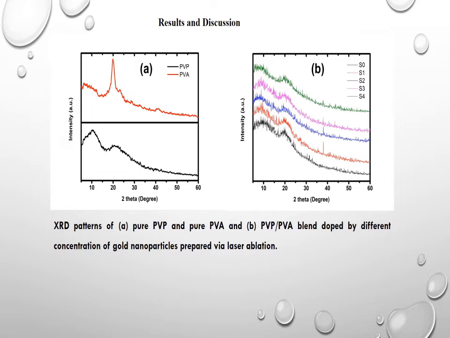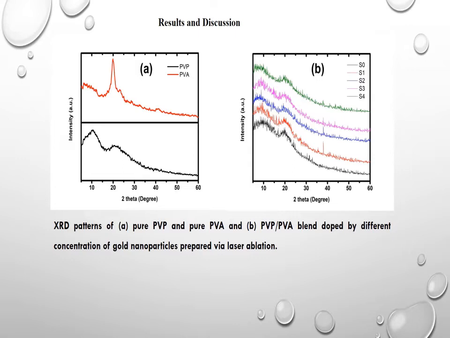Also, we found that these two peaks decrease by increasing the concentration of gold nanoparticles, with gradual vanishing of the characteristic peak. This decrease indicates a rearrangement of gold nanoparticles within the PVB-PVA matrix and a decrease in crystallinity, which may confirm the interaction between gold nanoparticles and PVA-PVB.